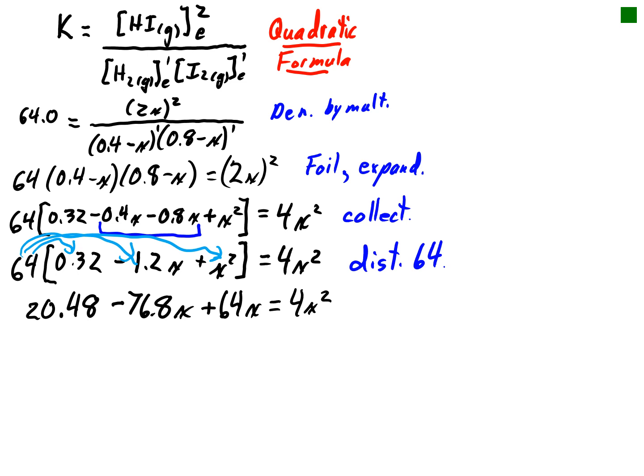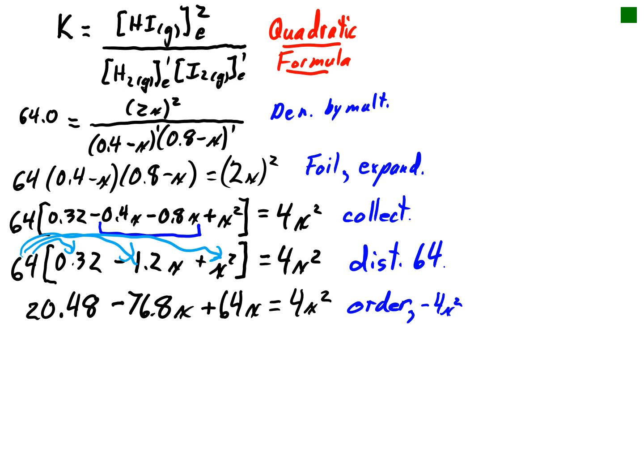So from this point on, I'm going to get my order, because remember I wanted ax squared plus bx plus c, and I'm going to subtract the 4x squared, because I want all those terms on the left-hand side so I get 0 on the right.